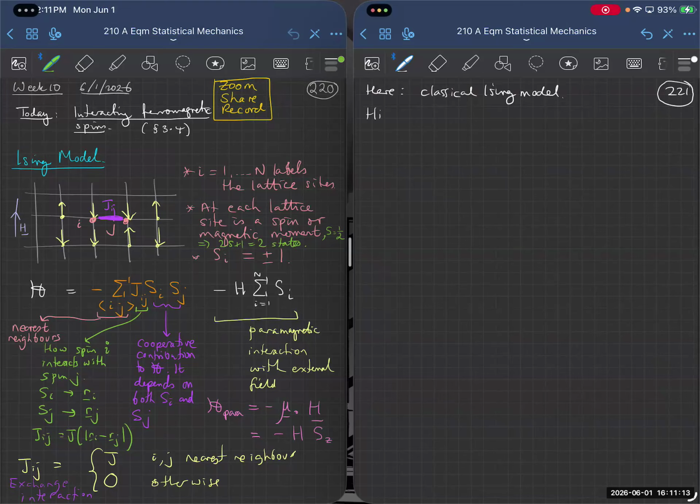So then there's a historical note. This was developed by Lenz and his student Ising about 100 years ago, somewhere in 1925, maybe 1926. I've forgotten exactly. And we're going to explore the phase transition in this model.